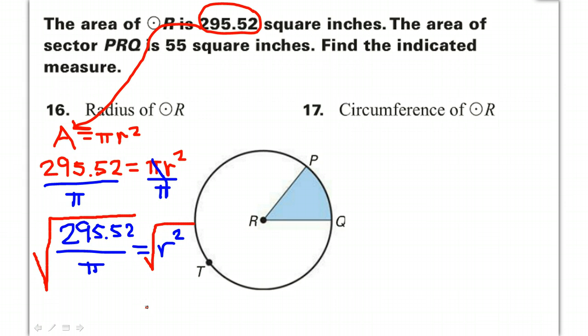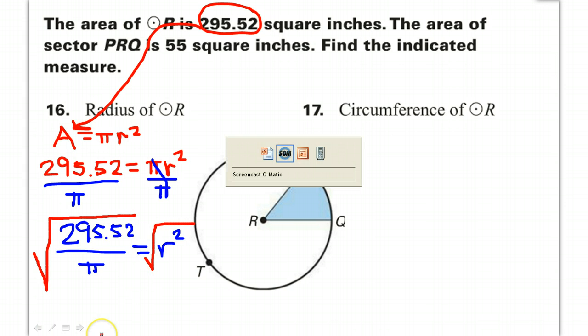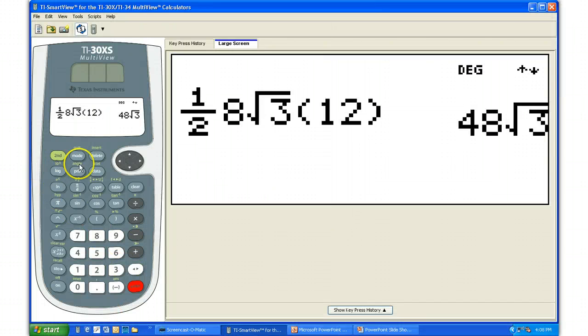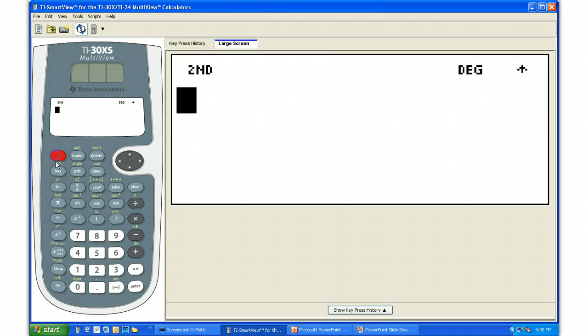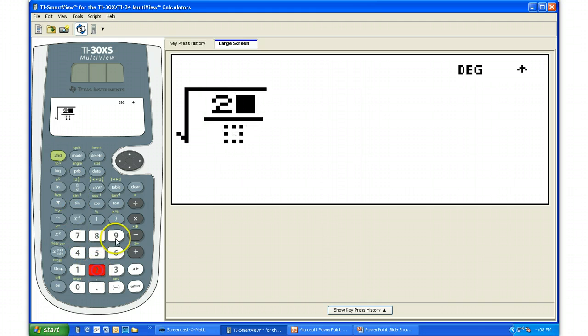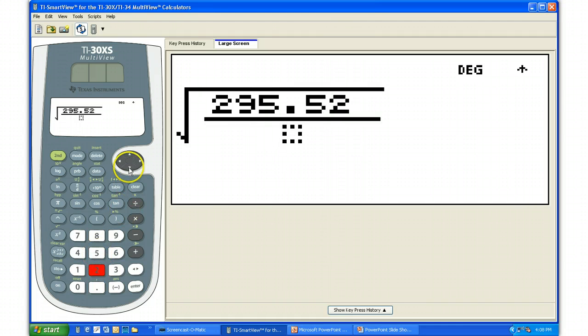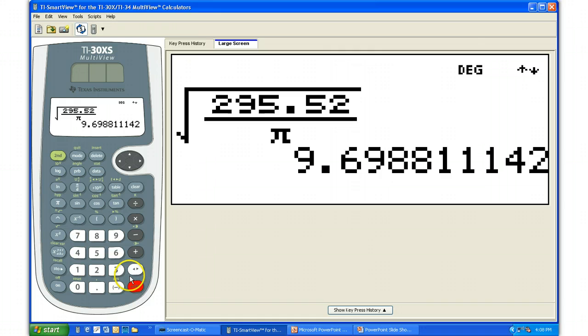Okay, so then just put that in your calculator. I got 9.6698. Okay, 9.698.